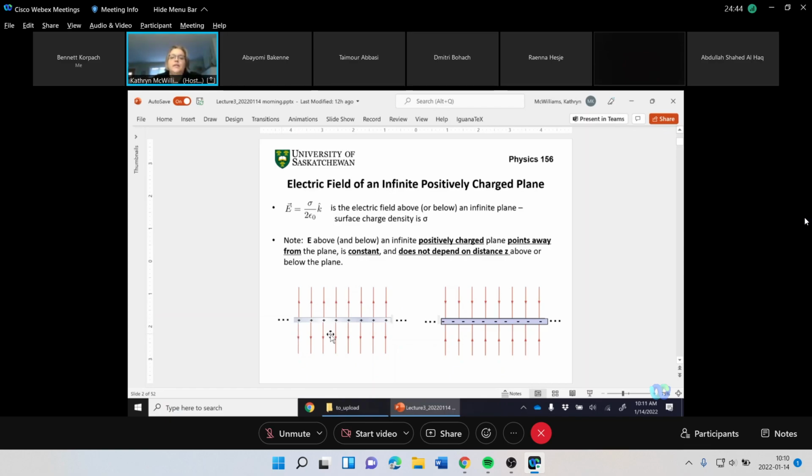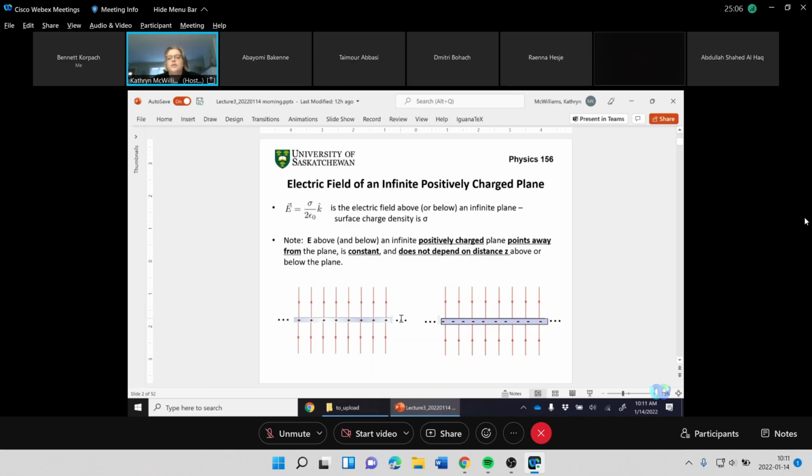So we're looking at a cut through here. We've got positive charges in this plane. If I brought my hypothetical test charge, my hypothetical +1 coulomb, anywhere near here, it would be repelled by this plate. So that's why the electric field lines are pointing away.